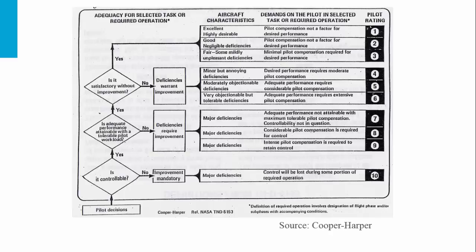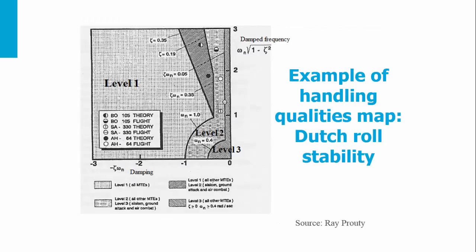Usually, we design for level 1 handling qualities. However, helicopters finally end up in level 2 handling qualities. Remember, for example, the Dutch roll problem. As I said, the Dutch roll is an upsetting mode for the pilot and for the passengers.